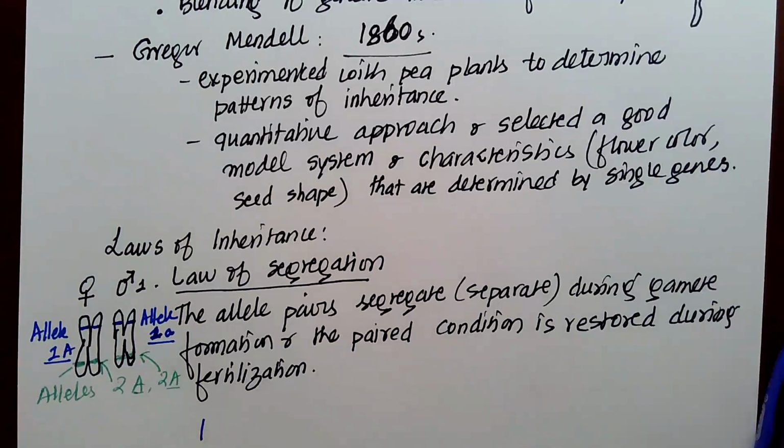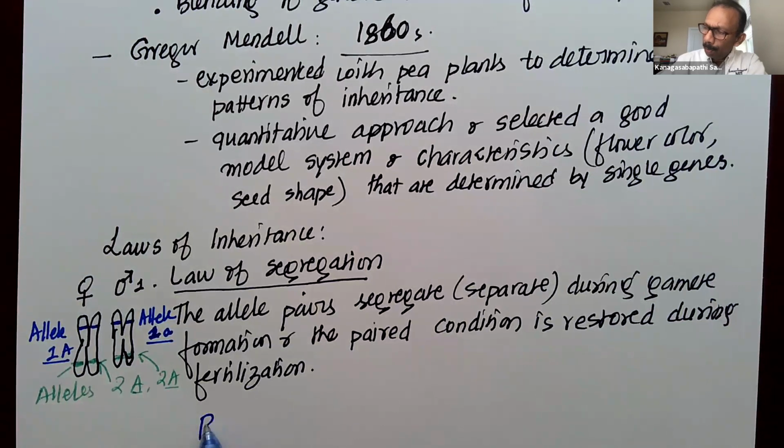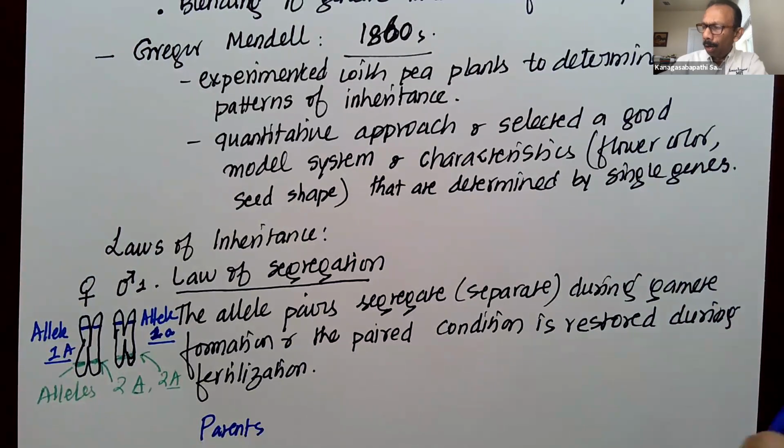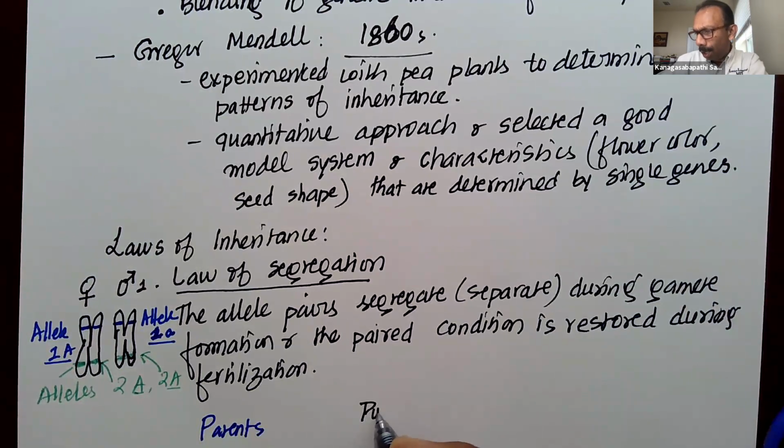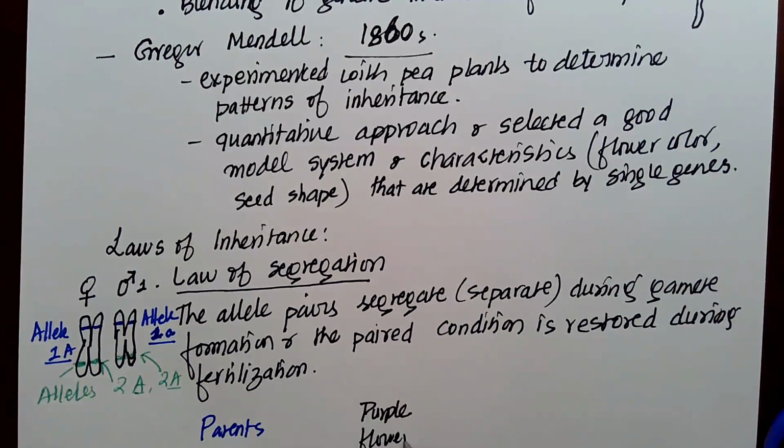plants that are, I would keep this as the parental generation. So the parents are a purple color flower and a white color flower.